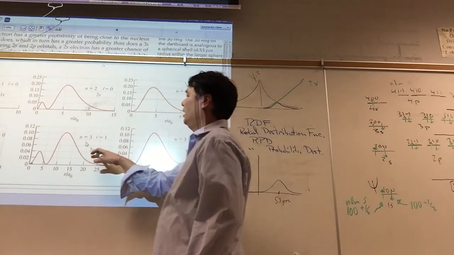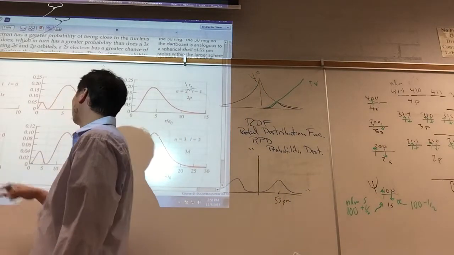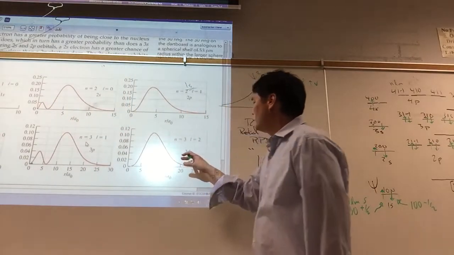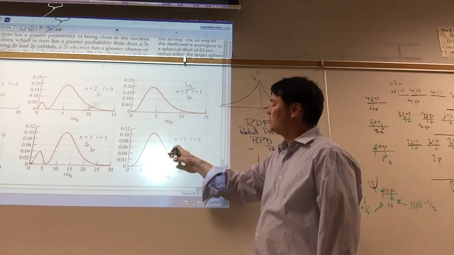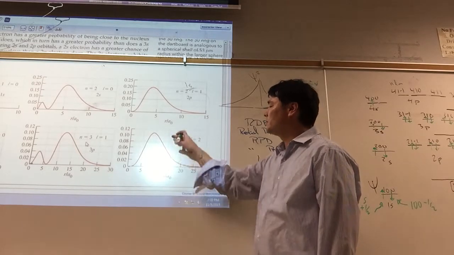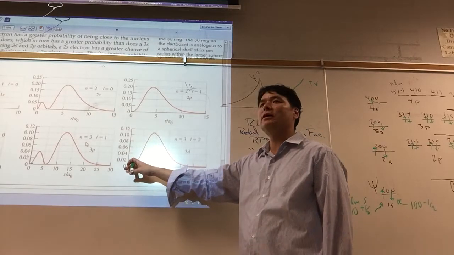So as far as penetrating ability, the 3s are going to be much more penetrating. As for 3D compared to 4s, even though the 4s shows the biggest hump out here, where the most probable distance is, it's going to be more penetrating because there's a small lobe in here.